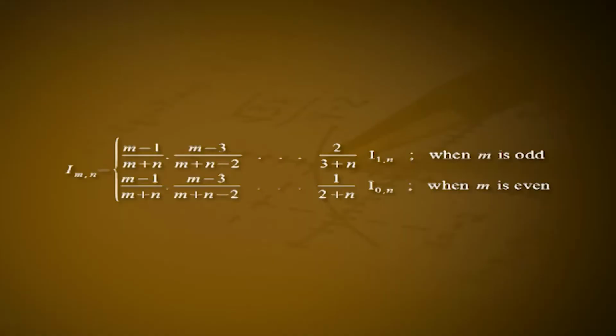I_2n is equal to 1/(2+n) I_0n when m is even. I_mn is equal to (m-1)/(m+n) into (m-3)/(m+n-2) into etc. into 2/(3+n) I_1n when m is odd, and (m-1)/(m+n) into (m-3)/(m+n-2) into etc. into 1/(2+n) I_0n when m is even.